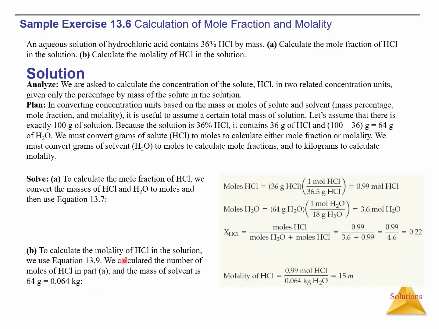Now, to calculate the molality of HCl in the solution, we calculated the number of moles of HCl. Then molality by definition equal moles of solute divided by the mass of solvent in kilogram. Okay, 64 gram equal 0.064 kilogram, and the molality is 15 molar.